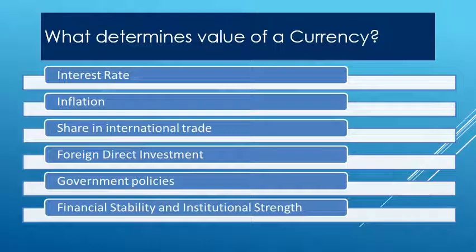Financial stability in a country is trusted by the outside investors, and as a result we often see more flow of money happening into that country. Also, when you have trust and faith in a country in terms of its institutional setup, then more money flows into that particular country, and the currency value remains stable. So these are some of the factors that will determine the value of a currency.